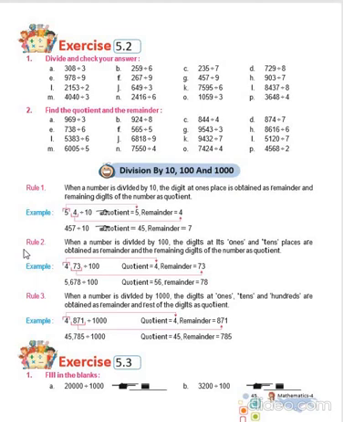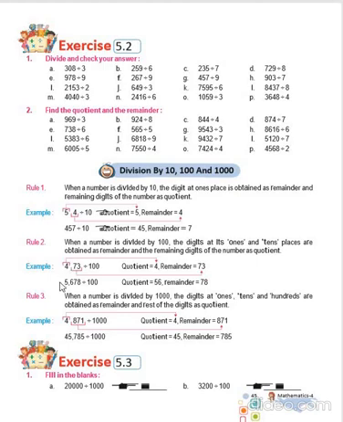Suppose you want to divide any number by 100, then the digits at the ones place and tens place will be the remainder and the remaining digit will become the quotient. So for 473 divided by 100, 73 will become the remainder and the rest digit 4 will become the quotient.